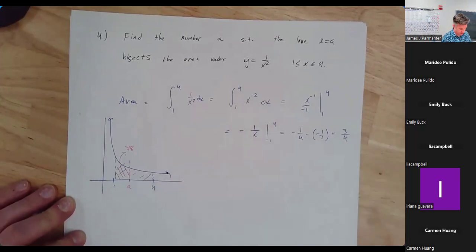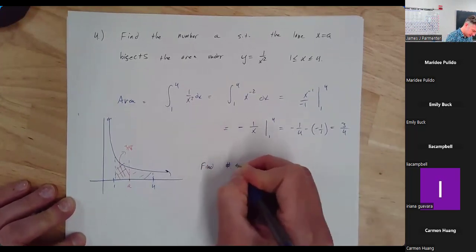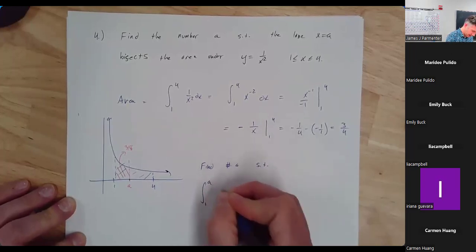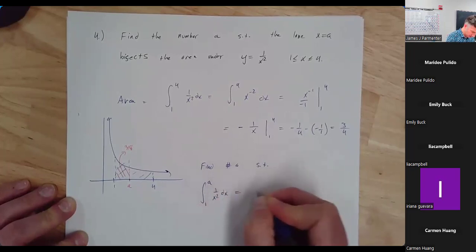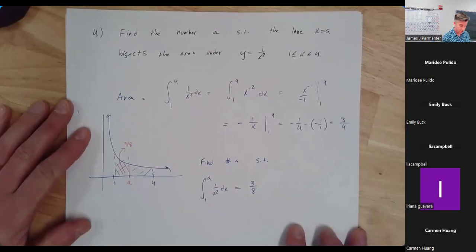So we're trying to find the number a so that the integral from 1 to a of 1 over x squared dx is equal to 3/8. Or if you prefer, you can say the integral from a to 4 of 1 over x squared is equal to 3/8. That would be equivalent to the statement here.